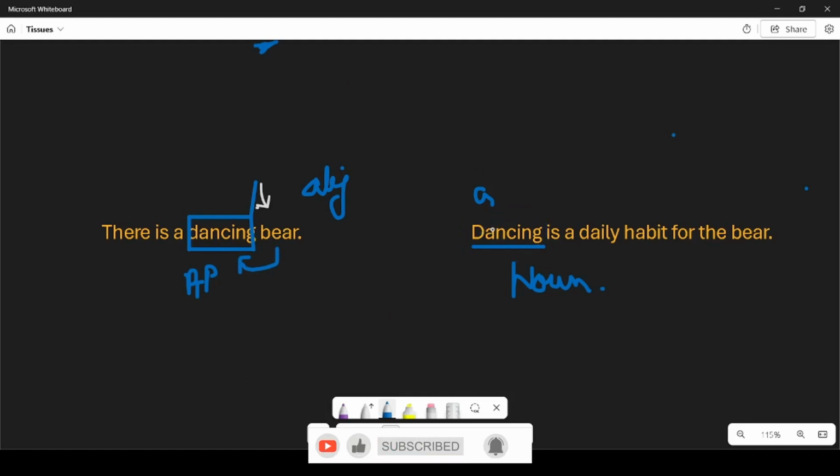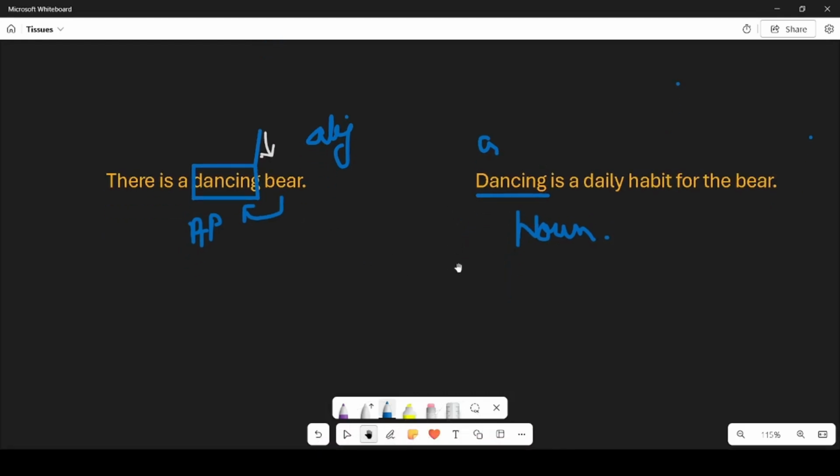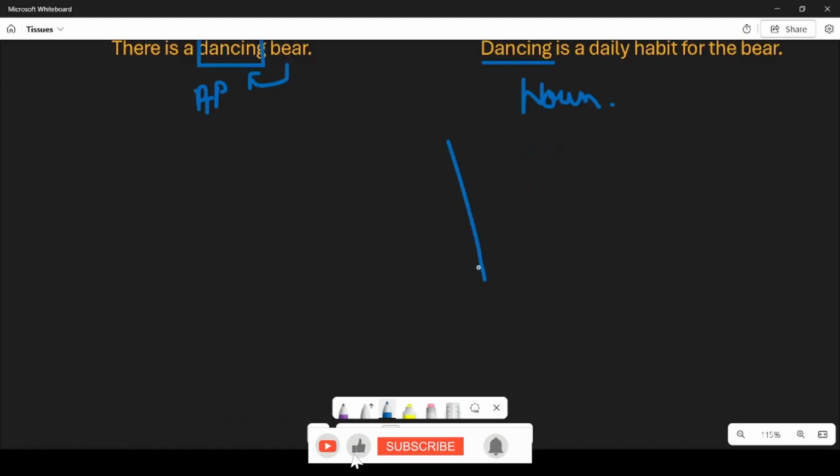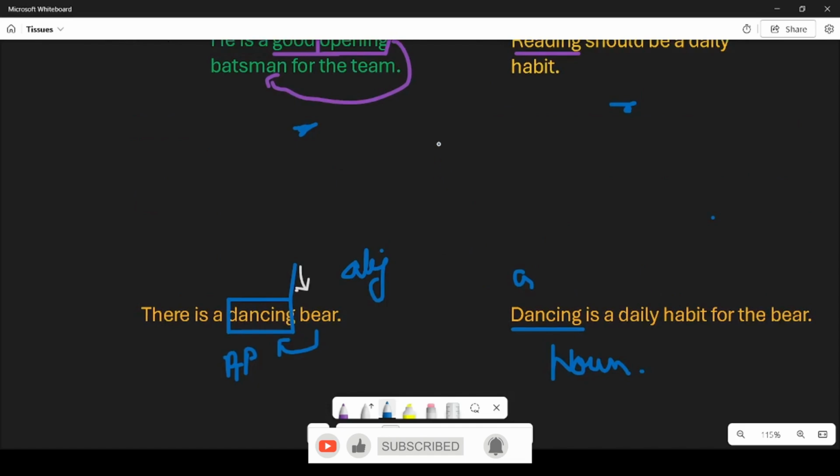It's acting as a noun itself. So this is a gerund. So that's how you can differentiate between present participles and gerunds.